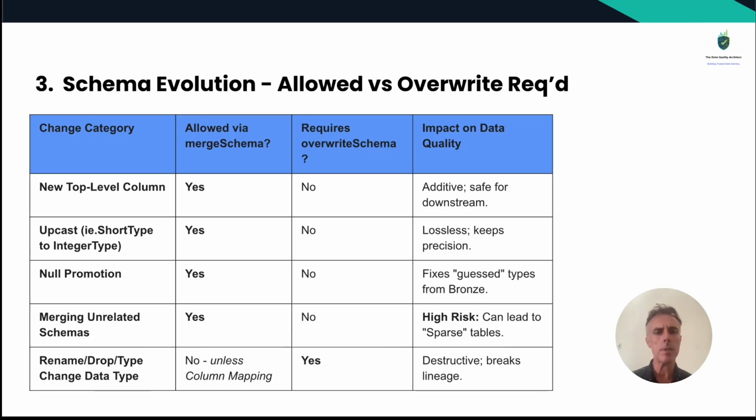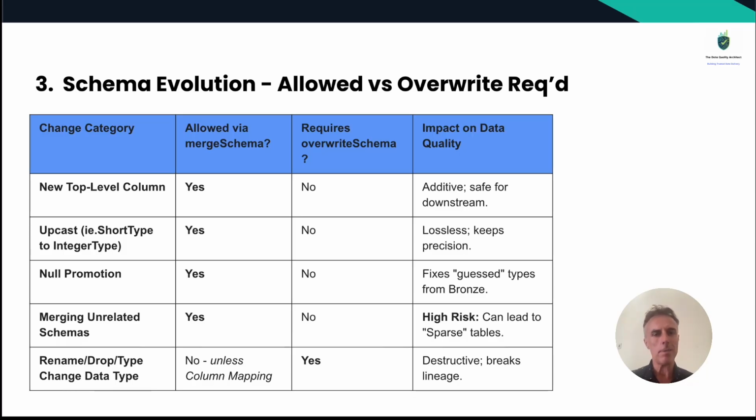So Delta is smart enough to promote that column from null type to a string. Another edge case is merging unrelated schemas. So as an example, you have a table with columns A and B, and you append a data frame with columns C and D. The new schema becomes A, B, C, D.